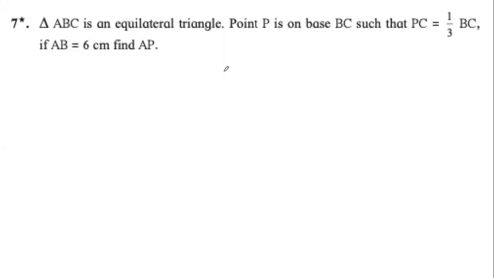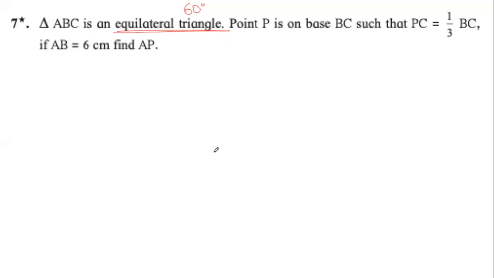So in question number 7, it says, triangle ABC is an equilateral triangle. Now quickly come out of mute and tell me, if a triangle is an equilateral triangle, what will be the measure of each angle of that triangle? I'm waiting for someone to speak up. 60 degrees, correct?